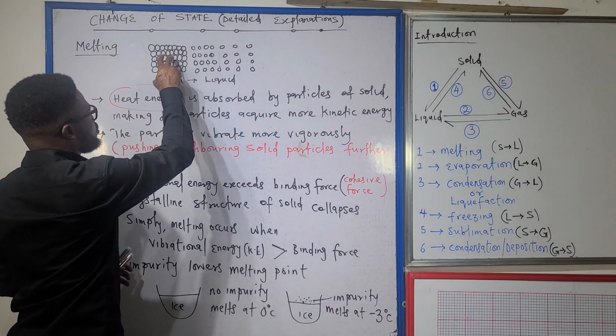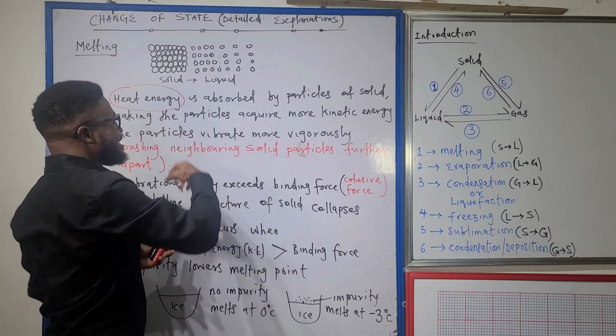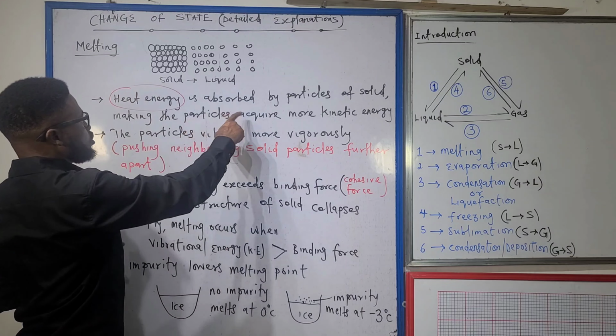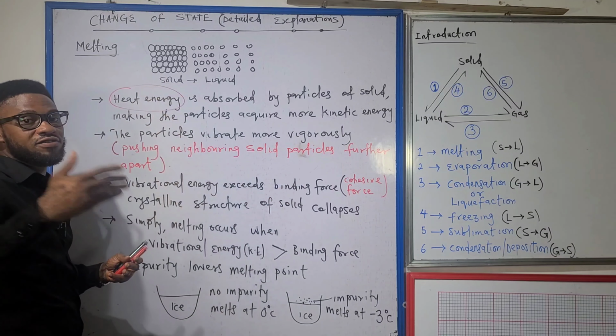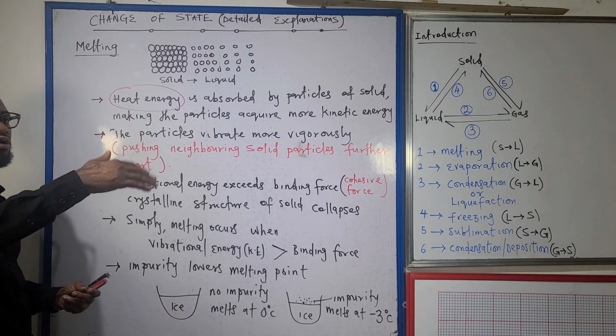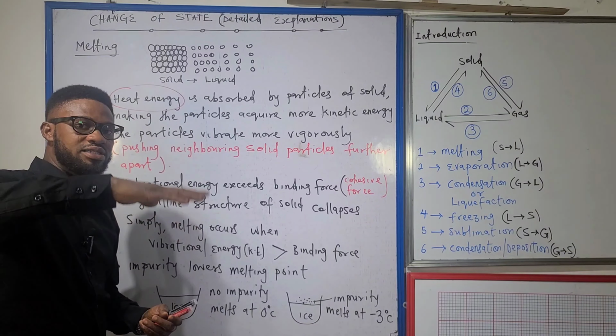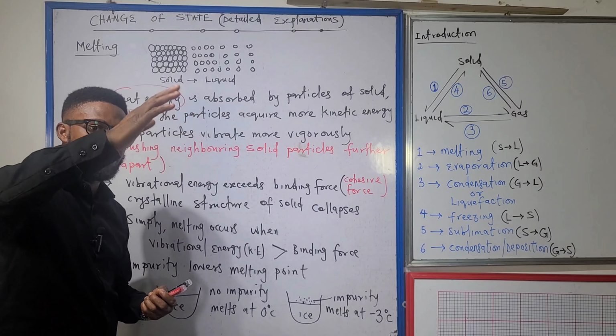It is going to the particles of solid. So if the heat energy is going to the particles of solid, it simply means the particles of solid now acquire more kinetic energy. And the result of that is the particles of solid vibrate more vigorously. If they had been vibrating this way before, now that they have acquired more kinetic energy, then they vibrate more.